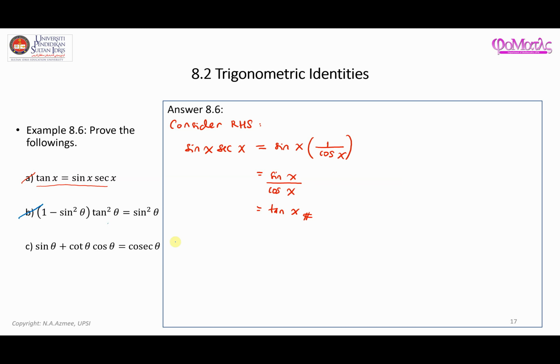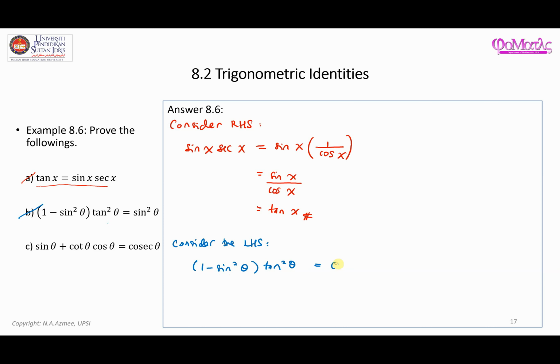Consider the left-hand side, where we have 1 minus sine squared theta and tangent squared theta. Now 1 minus sine squared theta, according to the trigonometric identity, is just cos squared theta.